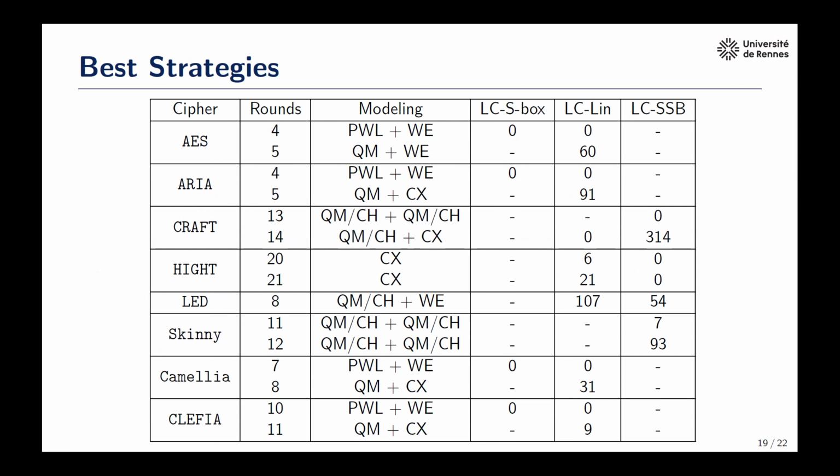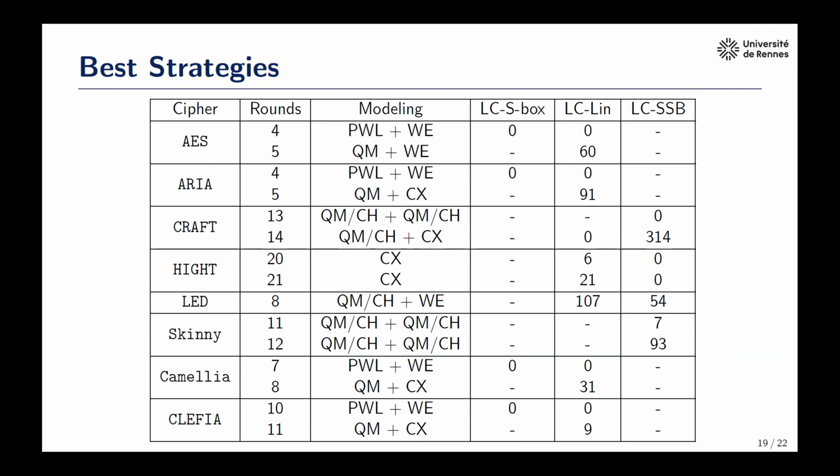Okay. So I think for S-boxes, you should always start by using an exact modelization, because typically S-boxes are small enough. So it's better to directly use the exact modelization. For the linear layer, I think you can start by using the copy XOR modelization.